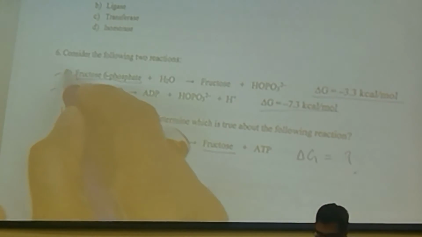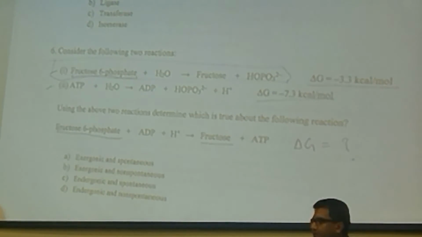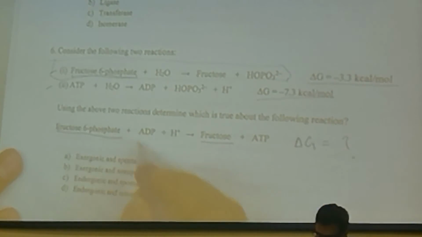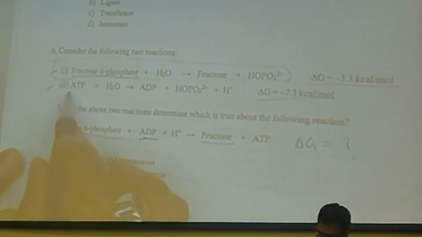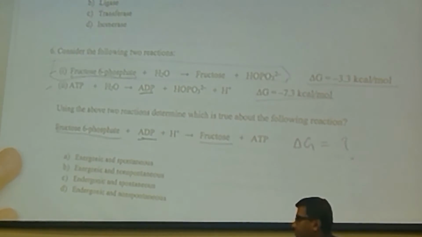So it's telling me that this reaction I should use as it is, because I am getting the reactant and product as it is. For the second reaction, my reactant is ADP, but here ADP is the product instead of the reactant.